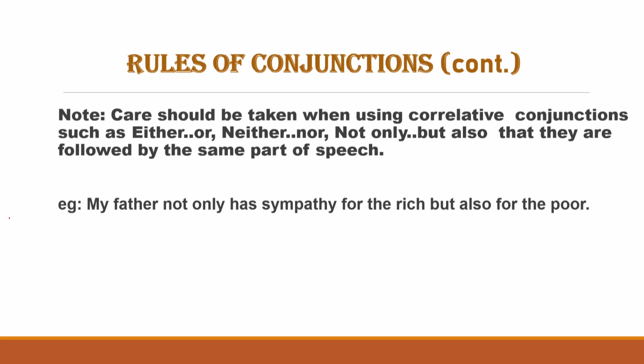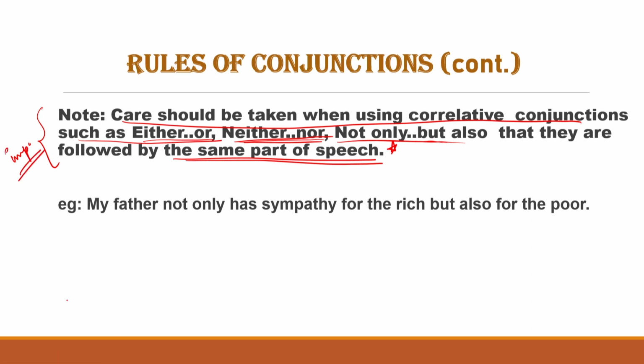Care should be taken when using correlative conjunctions such as either or, neither nor, not only but also, that they are followed by the same part of speech. It's very important. So this rule is pretty important, keep this in mind.